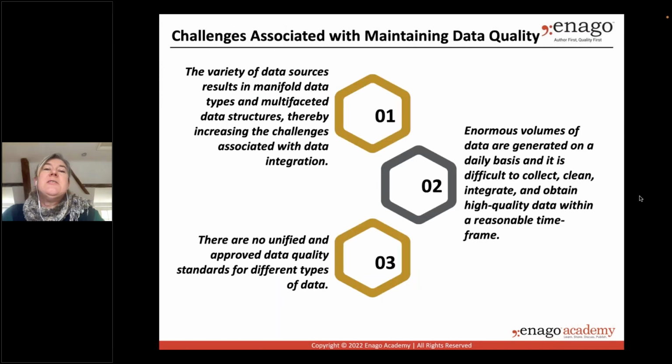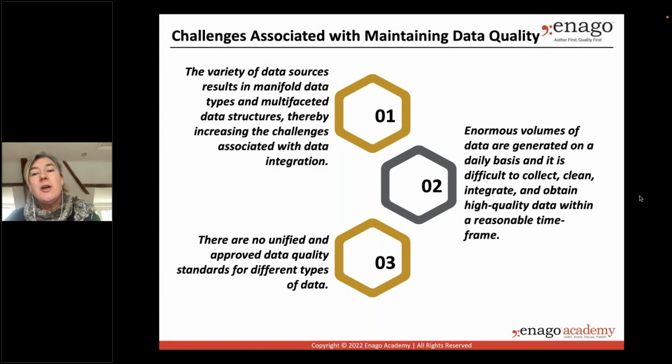So thinking about some challenges associated with maintaining data quality. If you've got very varied data sets, lots of different types of data, perhaps with a lot of different characteristics, very complicated data, if you like, it can make errors or other issues and interpreting challenges just that much more difficult.